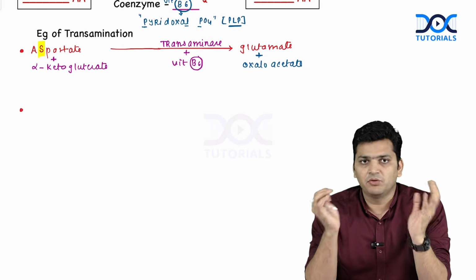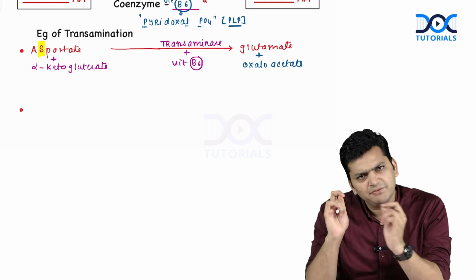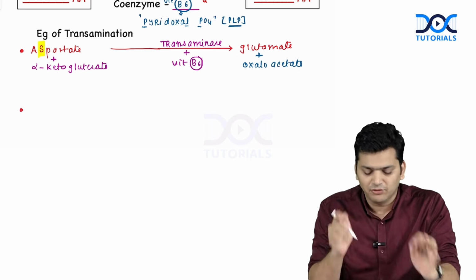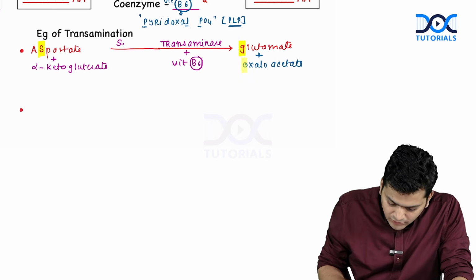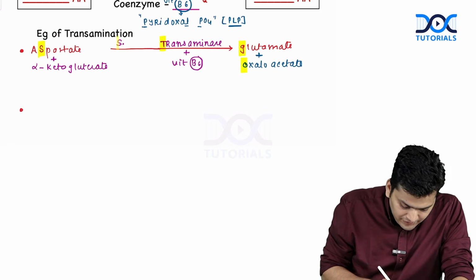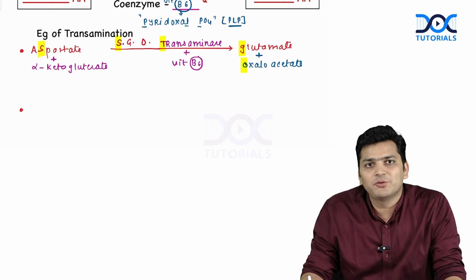The name of the enzyme, because it's a transamination, is a transaminase. But if I ask you what is the specific name of this enzyme? The specific name is serum glutamate oxaloacetate transaminase, which you have also seen written as SGOT in many reports, right?